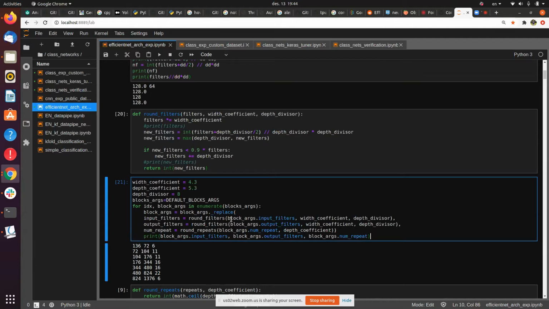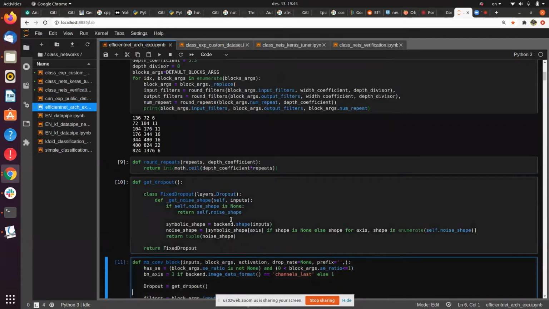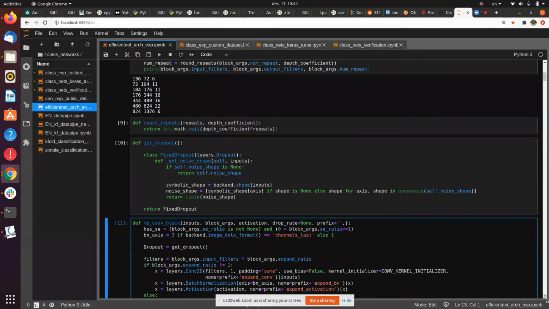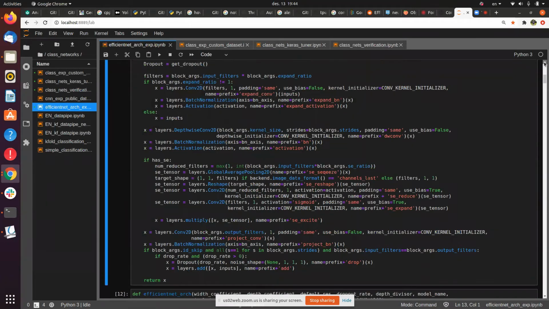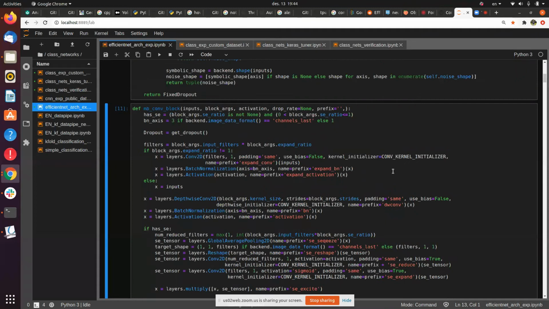Here this is one single block, as they mentioned, one single MB block. In this block, we check whether to consider the squeeze and excitation block, and the dropout factor that we get from here.